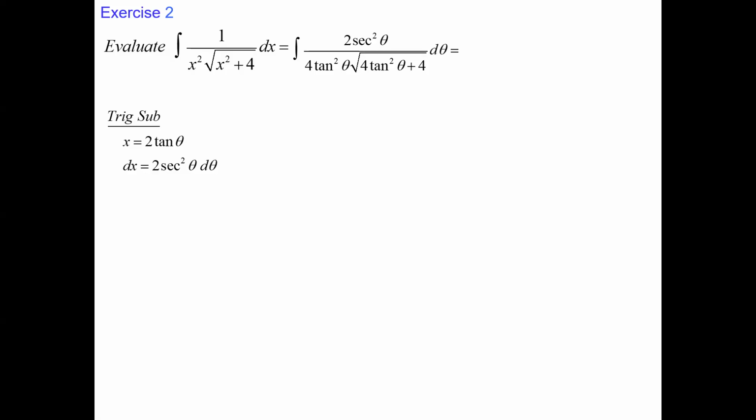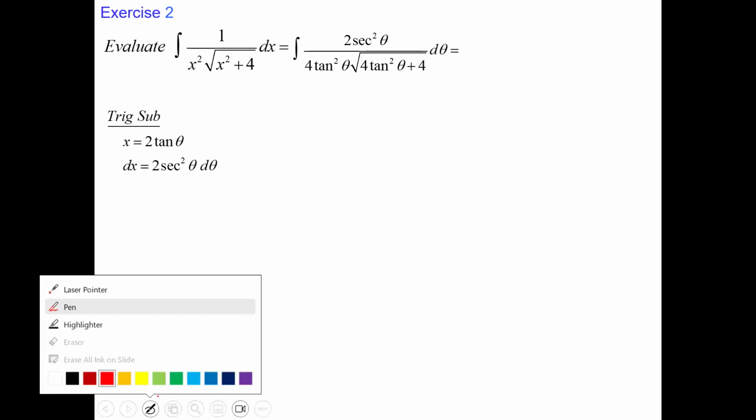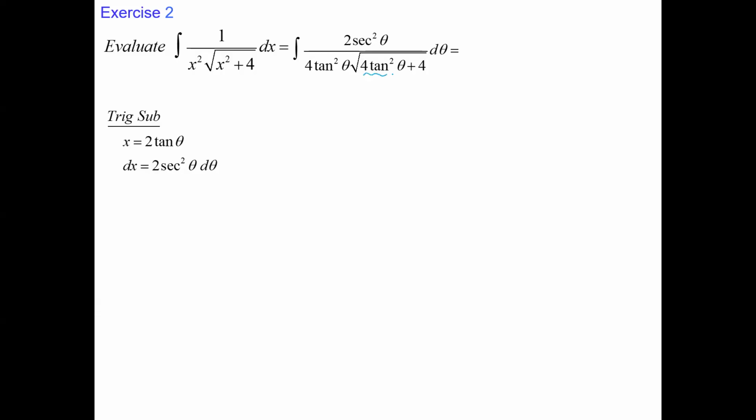Okay. Yeah, we may simplify a little bit. However, the main point is to simplify that square root. Maybe I can write here 4 tangent squared theta plus 4. And now we can see we needed that extra coefficient too, because we may factor out 4 times tangent squared theta plus 1.